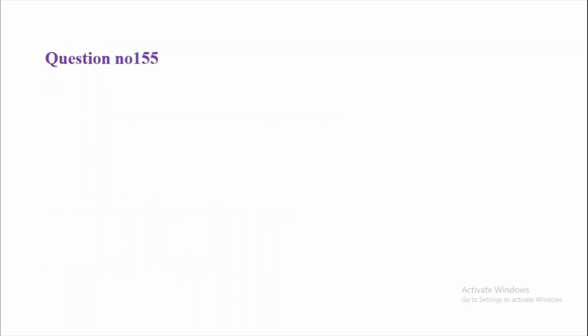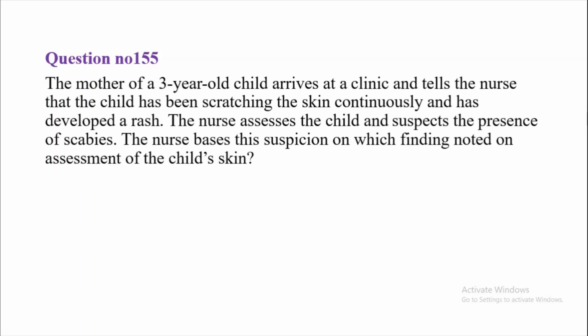Question number 155. The mother of a 3-year-old child arrives at a clinic and tells the nurse that the child has been scratching the skin continuously and has developed a rash. The nurse assesses the child and suspects the presence of scabies.